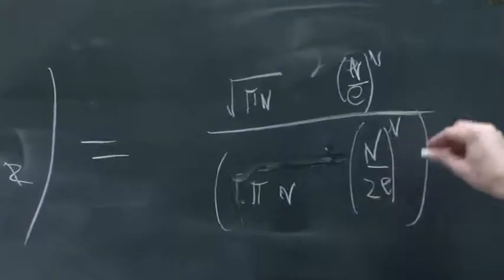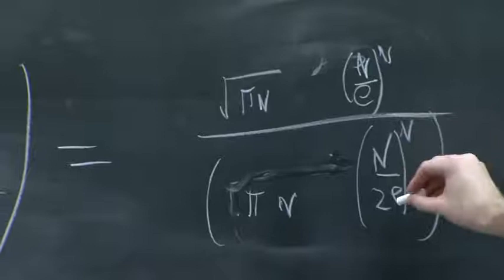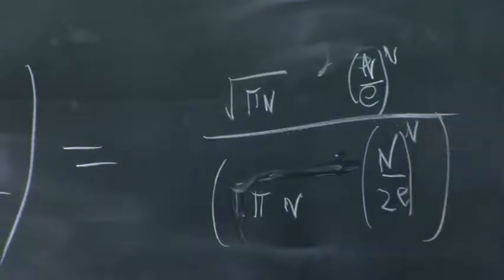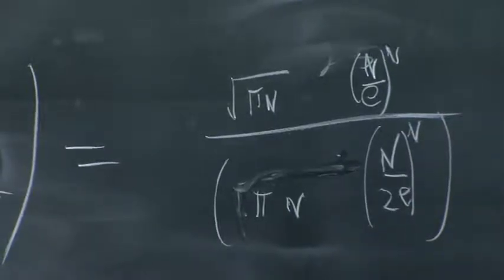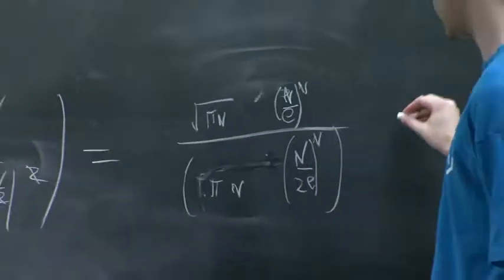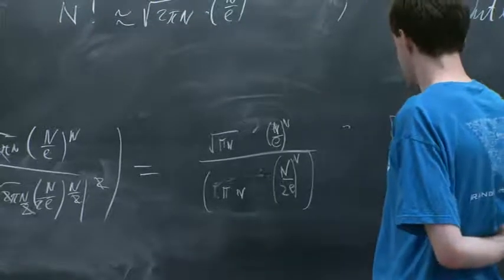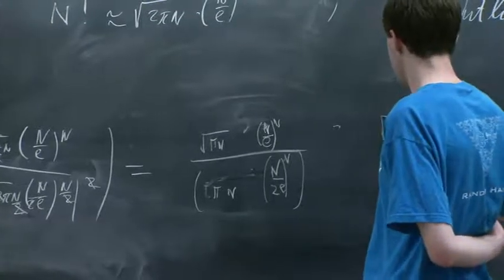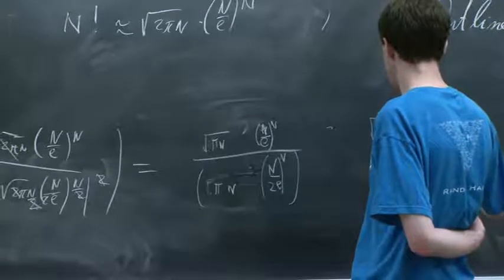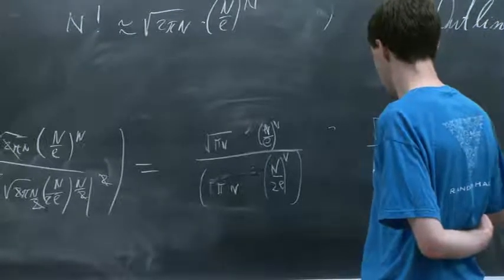Yeah, that's probably good. Since this is n over e to the n and n over 2e to the n, since they're both to the n, we can keep them as a single exponent and cancel stuff, so we just get square root of pi n times 2 to the n over pi n.